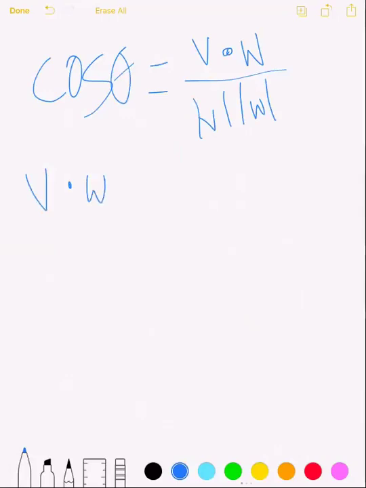There are two different ways you can do it, but the one that we would use in this case is v1 w1 plus v2 w2, and so on and so forth.